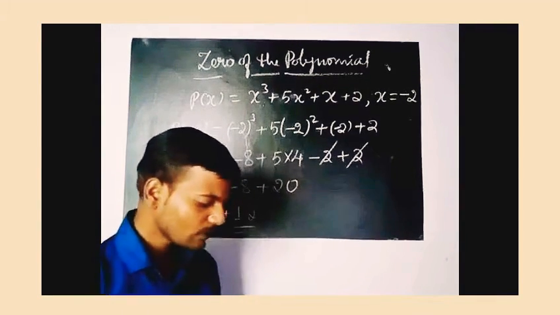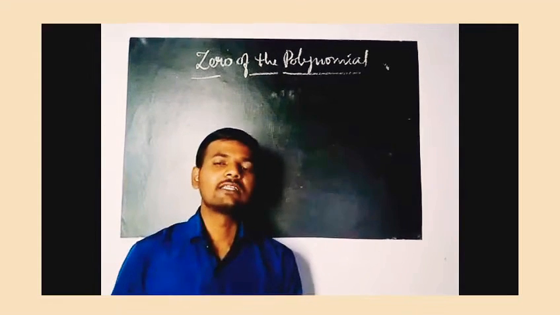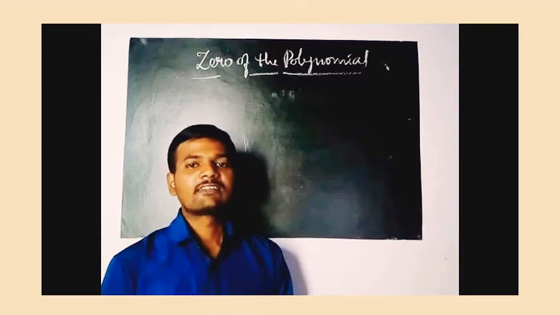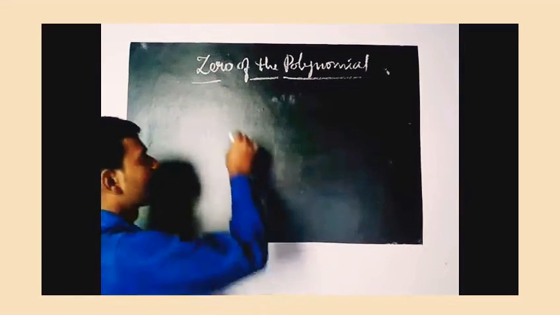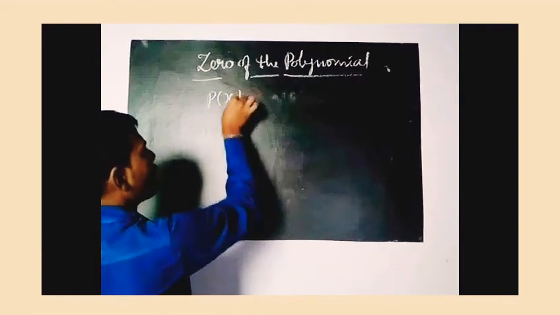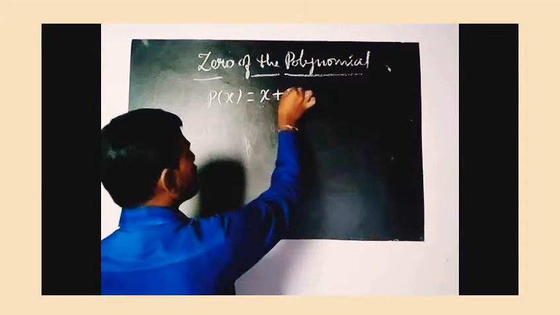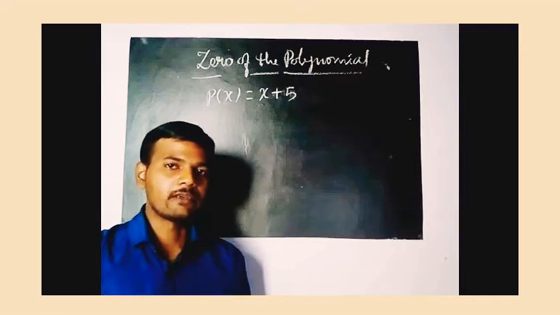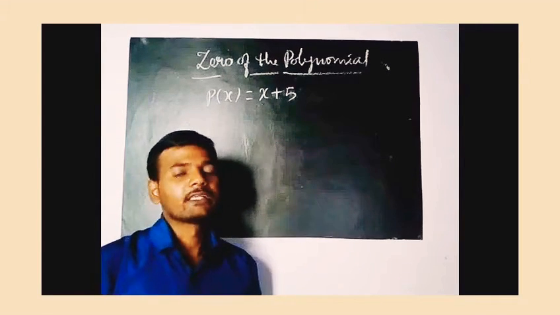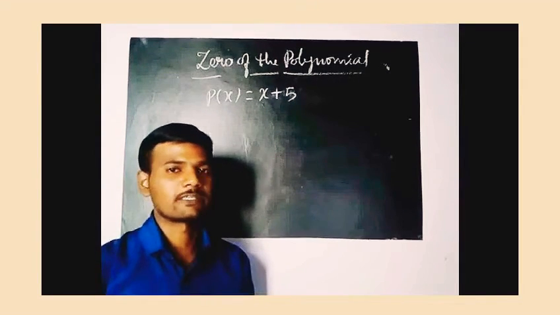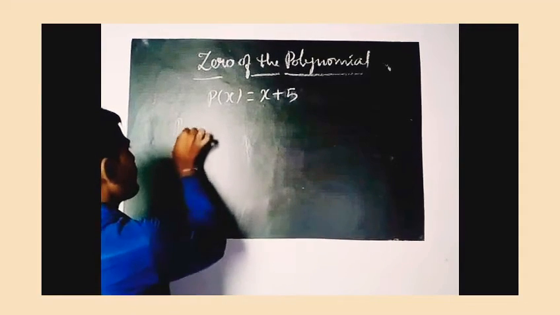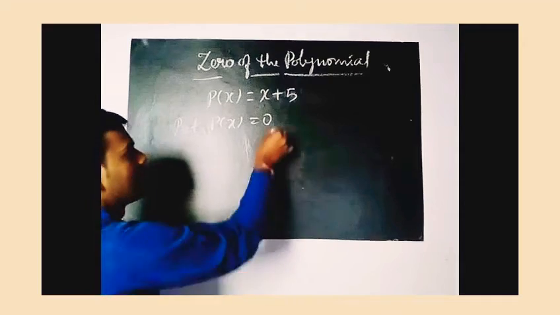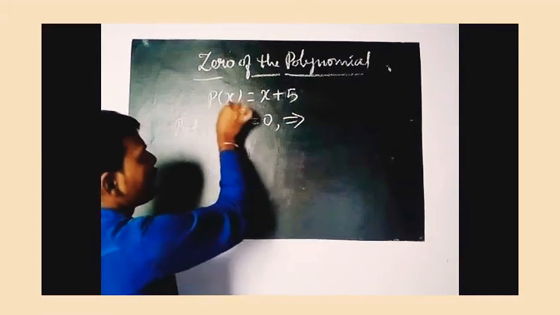Now let us consider some examples to find the zero of the polynomial. Find the zero of the polynomial p of x is equal to x plus 5. To find the zero of the polynomial, we have to make p of x equal to 0.